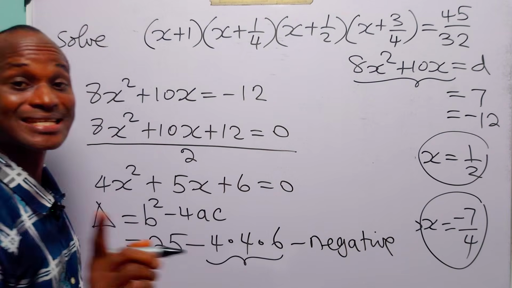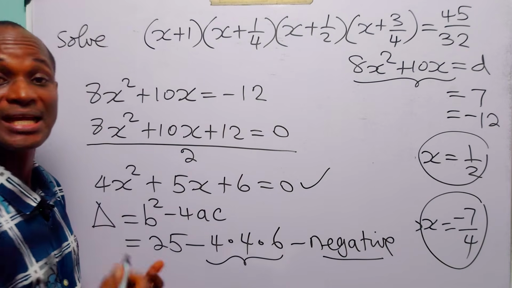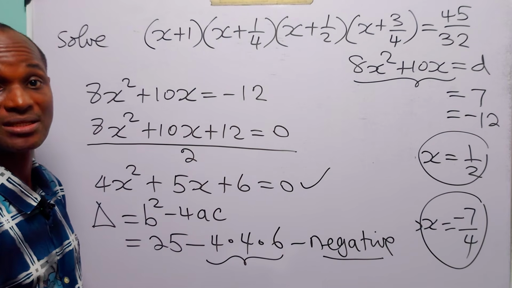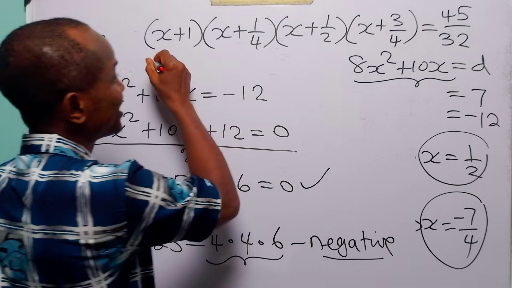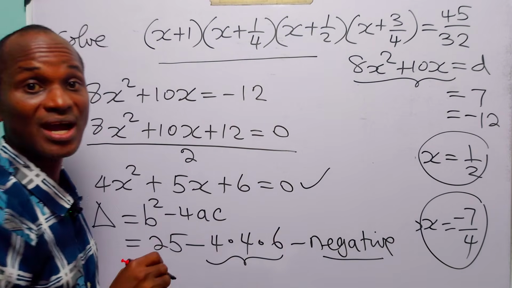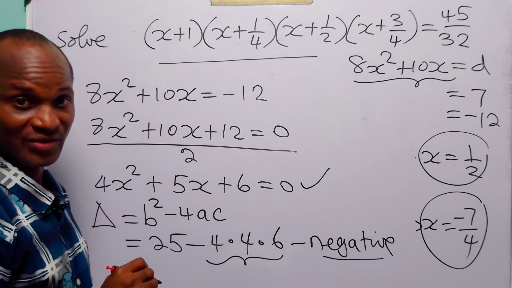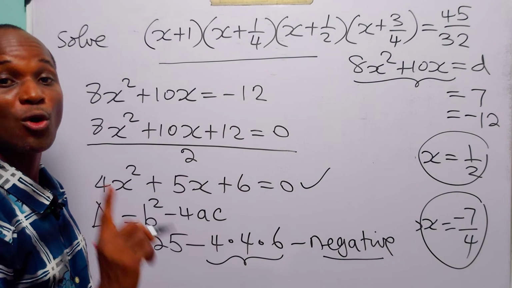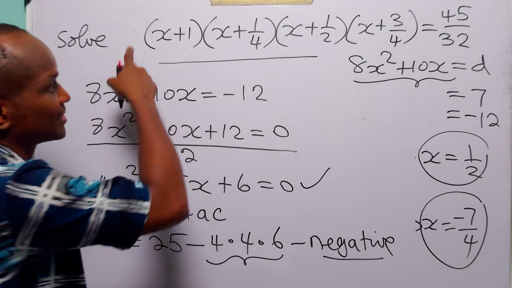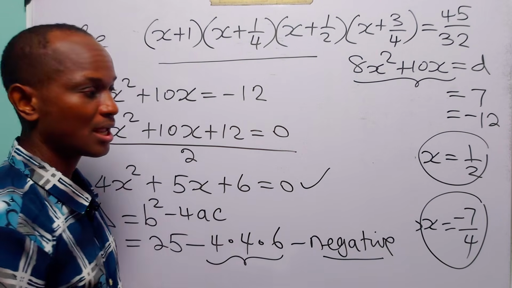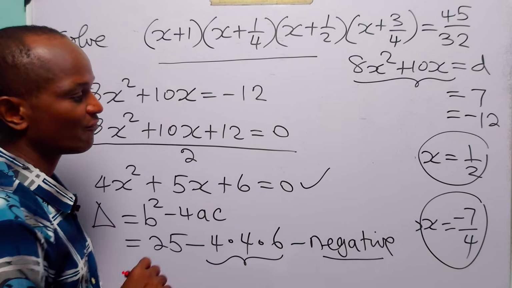And you know that when the discriminant of a quadratic equation is negative, it simply means that that quadratic equation has no real roots. And you know that we are looking for the real values of x that satisfy this equation. So since we can't get any real values from here, it means that the only real numbers that satisfy this equation are half and minus 7/4.